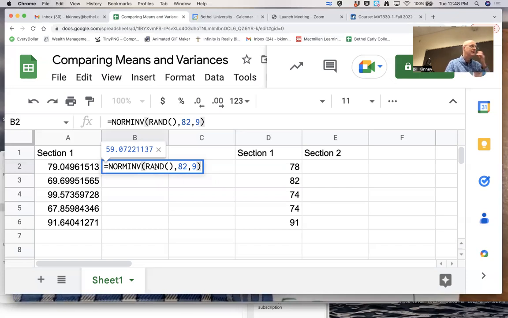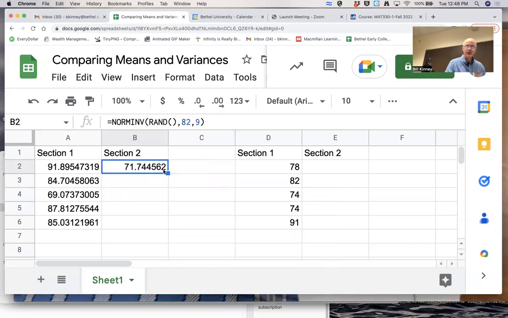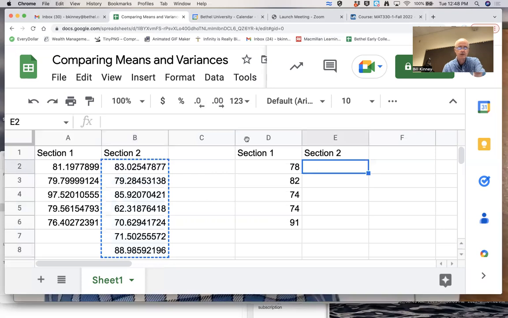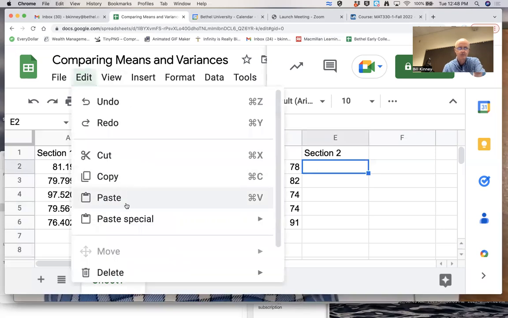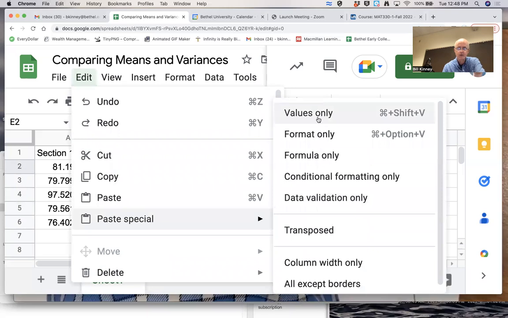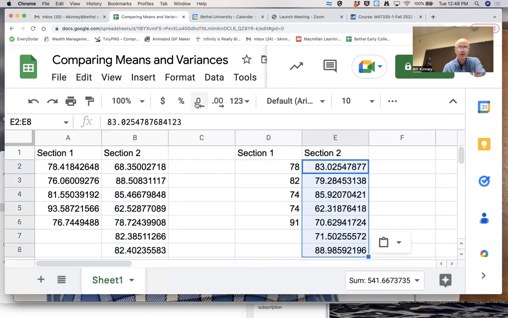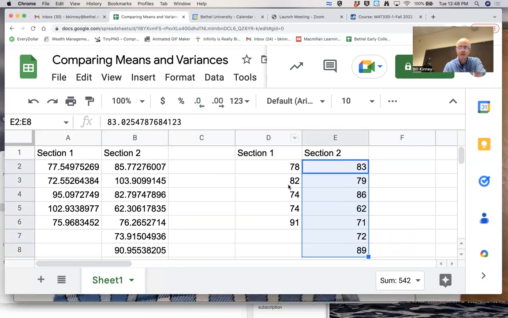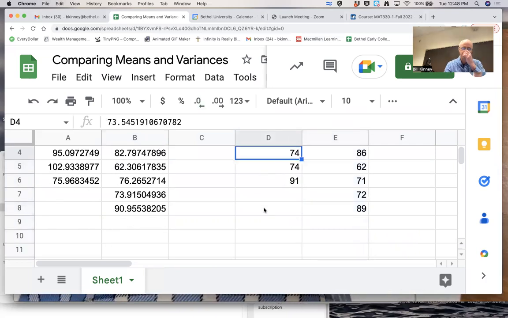The value of the RAND must be very close to 0 with this particular one. Let's do a different sample size, say size 7 for section 2. Copy and paste special, values only, and decrease the decimal. Okay, two different samples of test scores from these two different sections.